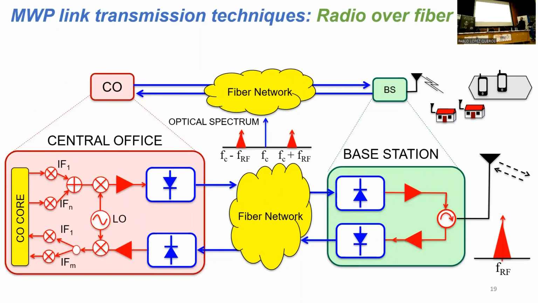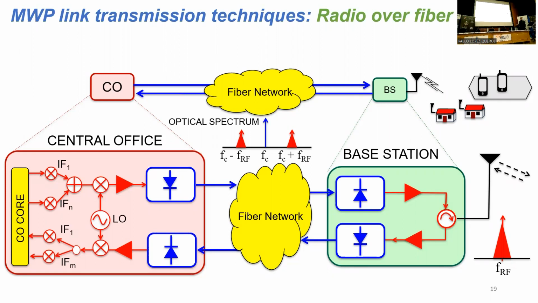So when we do radio over fiber, we generate the optical signal in the central office. We have our baseband signal. We upconvert to intermediate frequency. We use a local oscillator to convert it to the radio frequency, and then we modulate directly or externally our signal, and we transmit. And in the base station, we don't have basically to do anything.